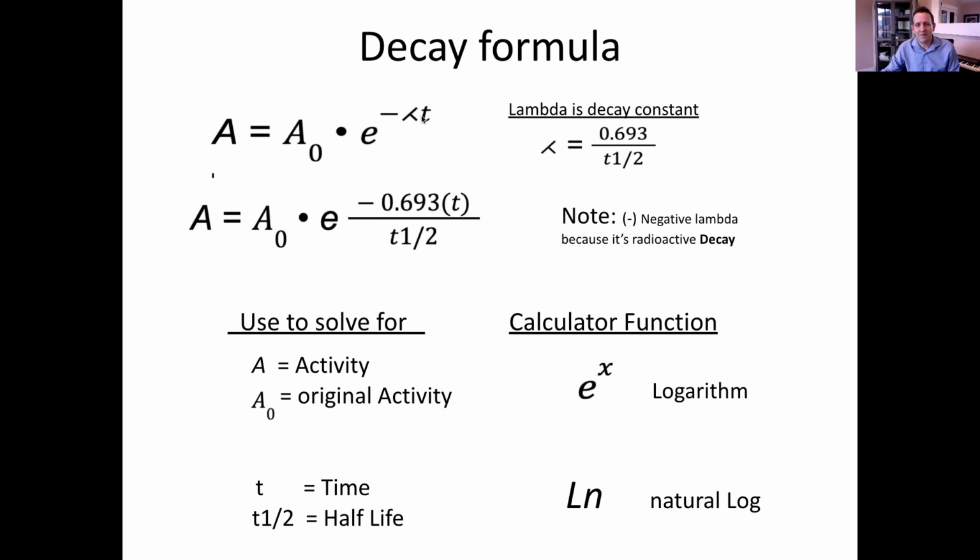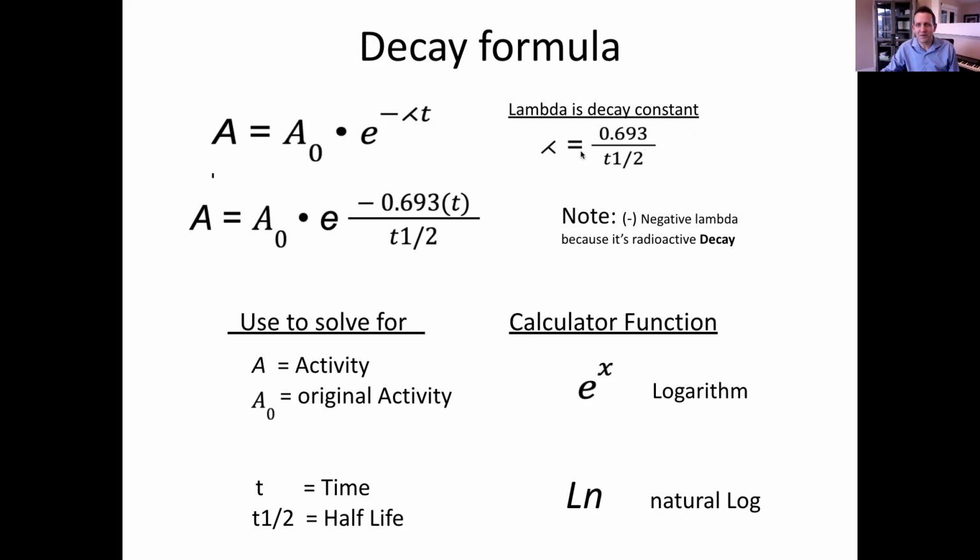Now, negative lambda times time. Lambda is what we call the decay constant. It represents that constant decay, okay? Lambda, and this is one of the things that you just need to trust me on. I won't get deep down into the science of why the numbers are what they are, but generally will help you understand.